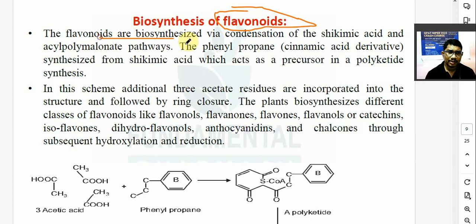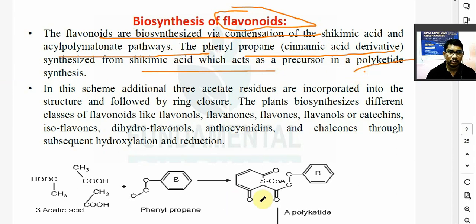The plant biosynthesizes different classes of flavonoids like flavonols, flavanones, catechins, isoflavones, dihydroflavonols, anthocyanidins and chalcones through subsequent hydroxylation and reduction. After condensation and ring closing, you will get a polyketide. From that you will get a chalcone molecule.